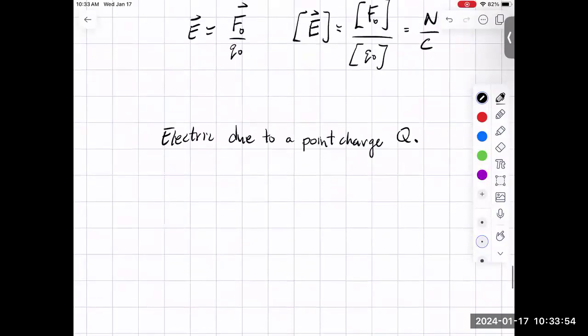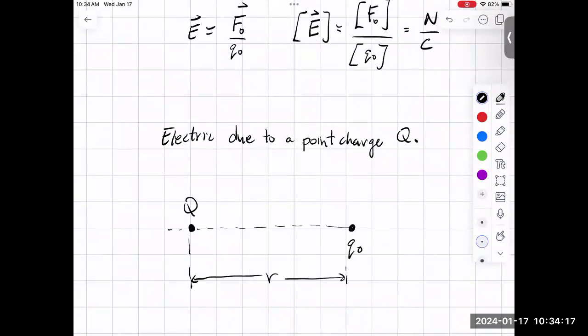Okay, so we'll have our point charge, capital Q, and some distance r away, we'll place our test charge Q0. And this distance is going to be r.